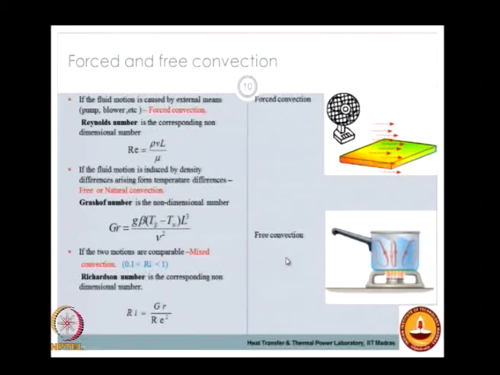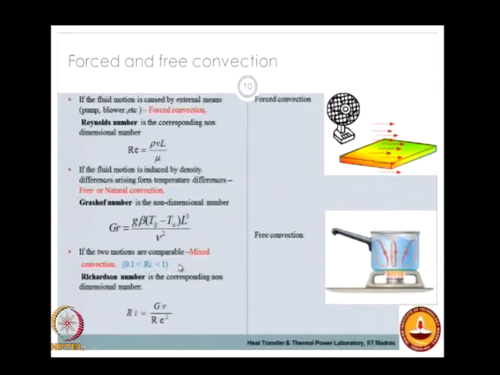transport. Now there are cases in real life where both regimes are equally important, and that is called mixed convection, which is characterized by the ratio of Grashof number to Reynolds number squared, also called the Richardson number. If the Richardson number is between 0.1 and 1, this is the mixed convection regime.